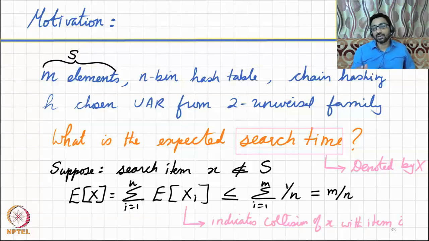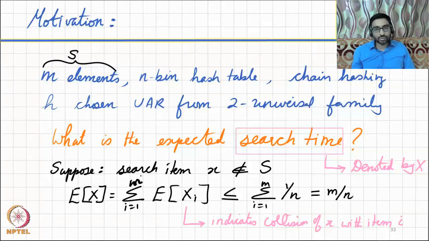Let's denote the search time by the random variable X. E of X is going to be the summation of E of Xi, where Xi is an indicator random variable that denotes the collision of the search item x with the item i in the dictionary. And just to be clear, the summation must go from i equal to 1 to m.